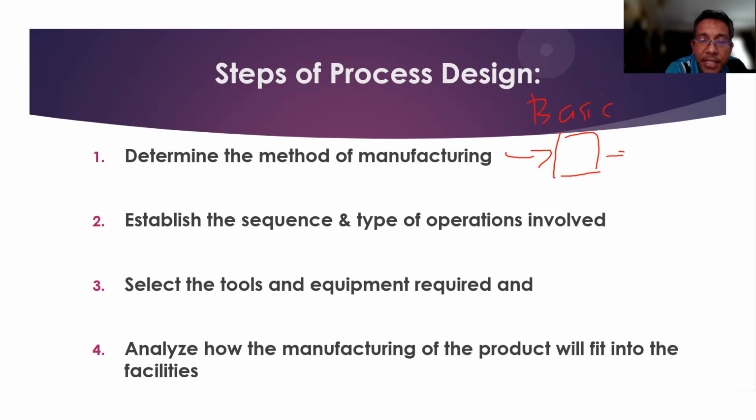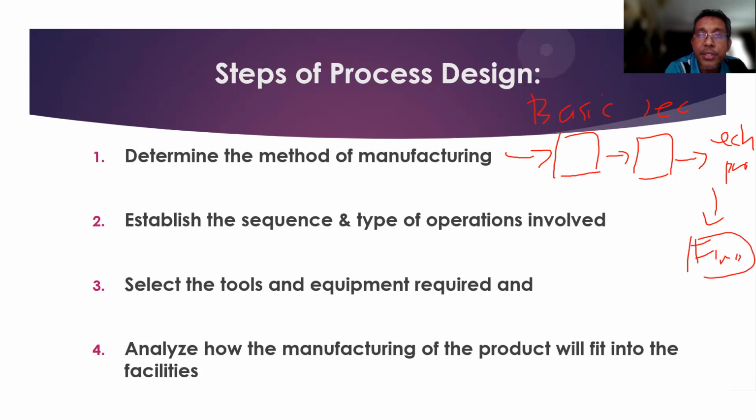They have basic, and then they have secondary operation or process, and then they have what we call the enhanced process, and then last they have finishing. And then lastly, they have the product or finished product. So start from raw material.